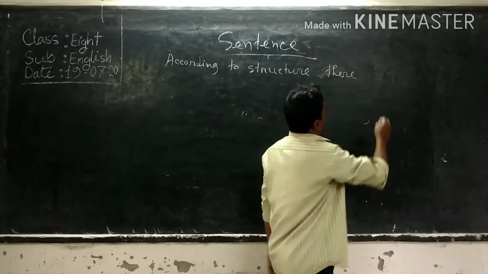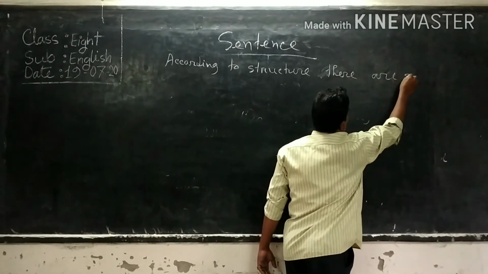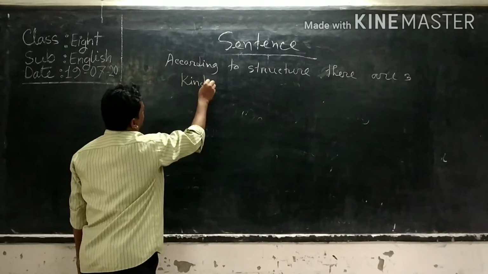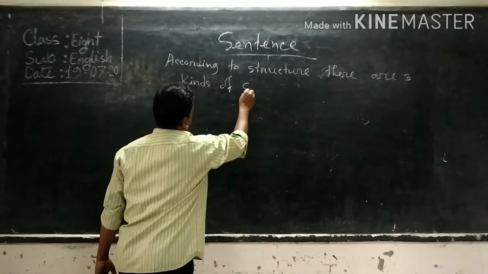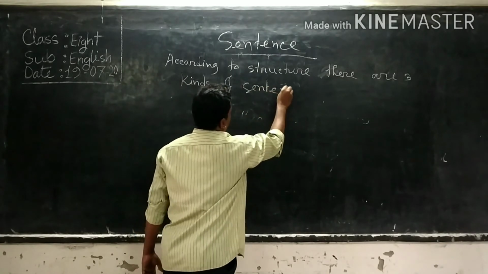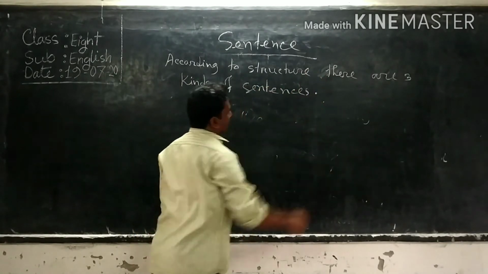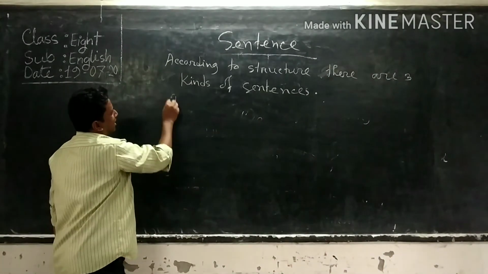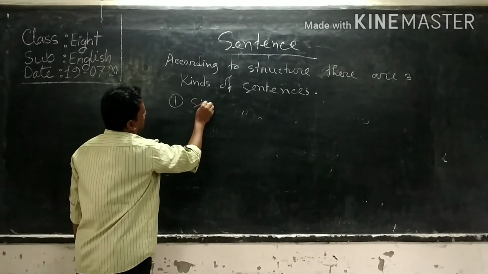According to structure, there are three kinds of sentence. Number one, simple sentence.